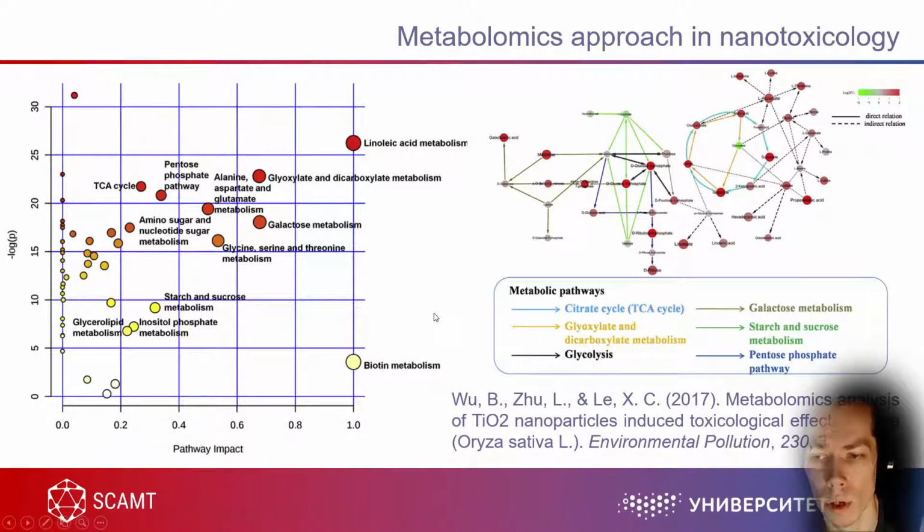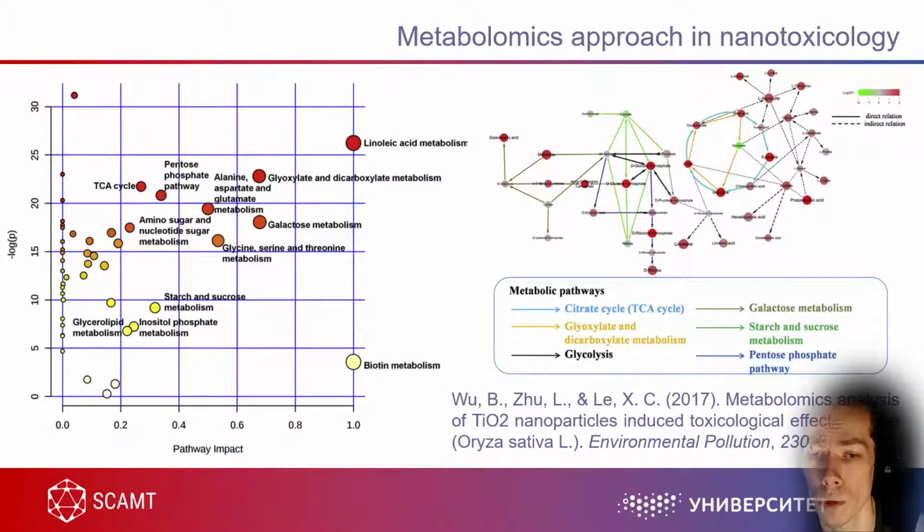And when you use just a simple approach, for example fluorescence staining, you can take some leaves or other parts of rice and observe some oxidative stress, but it would be impossible to understand why this happened.